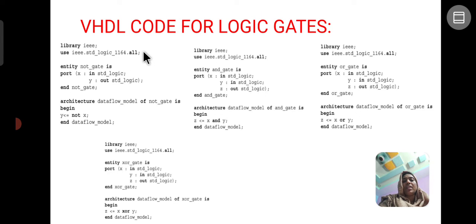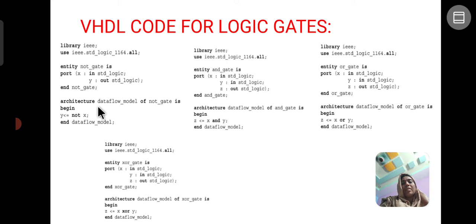This is the package declaration, and this is the library declaration, followed by entity and architecture. In the entity, the entity name is NOT gate, with port X, the only input, in STD logic, and Y out STD logic. STD logic is a signal type which will have only one value, either 0 or 1.